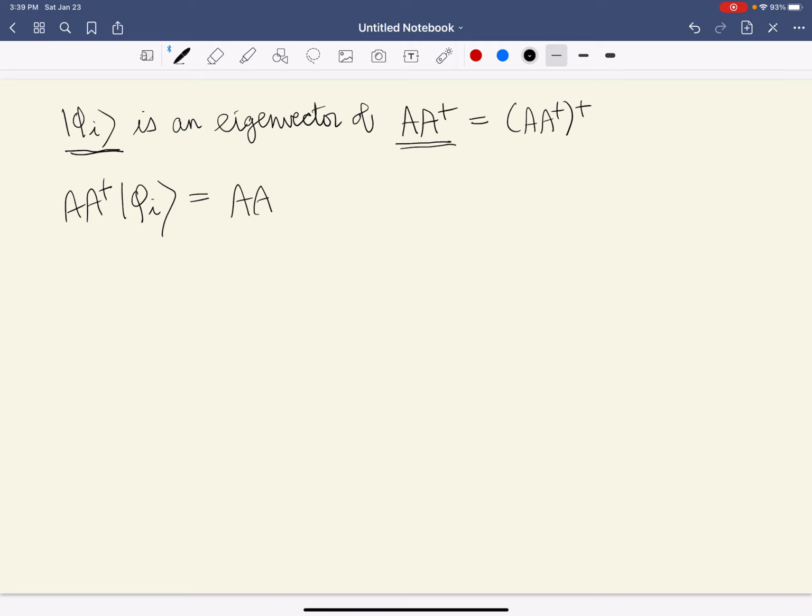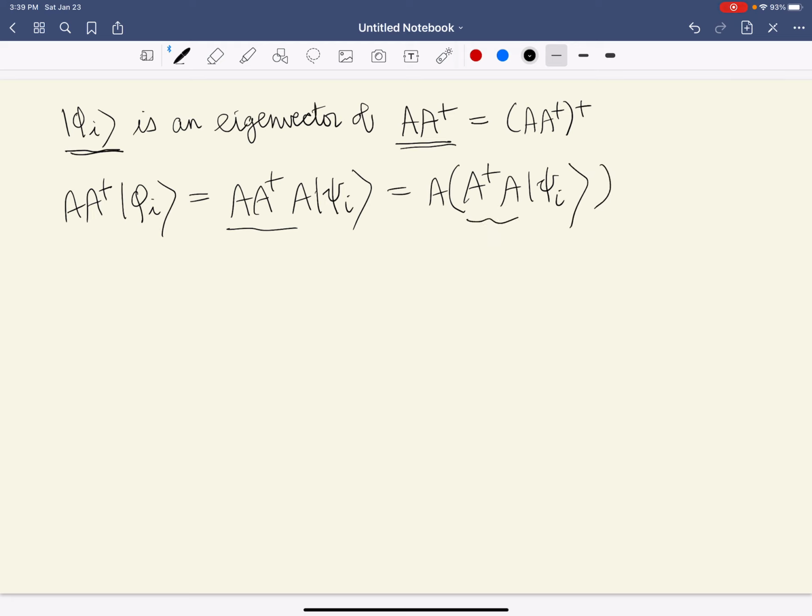So A A dagger acting on phi i was what? It was A A dagger A psi i. But you can group this whole thing this way: A times A dagger A acting on psi i.